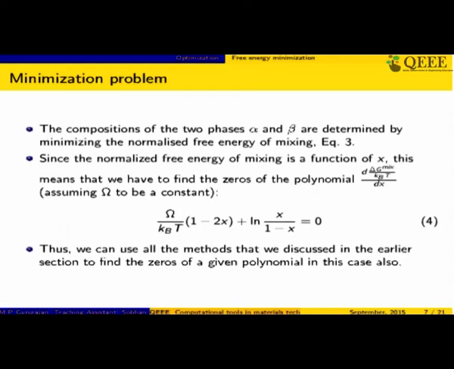Let us call the compositions of the two phases alpha and beta. Let the A rich phase be alpha and the B rich phase be beta, determined by minimizing the normalized free energy of mixing. So let's do the computation.